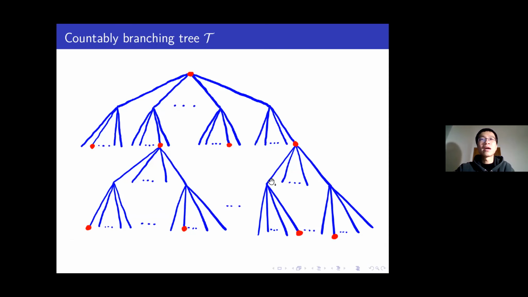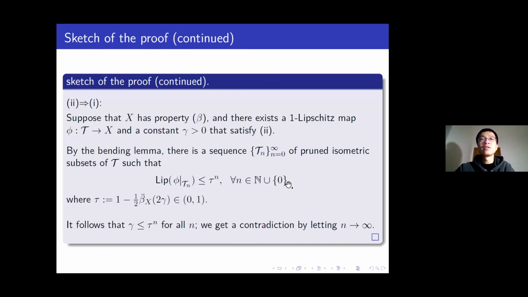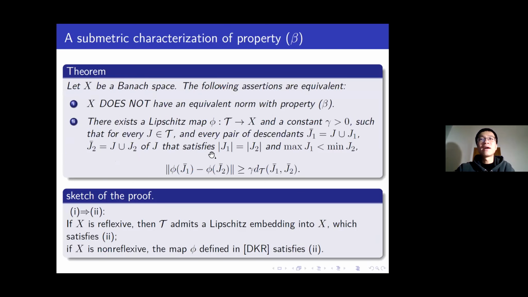And if you look back at our metric characterization, this phi in item 2 is actually a partial Lipschitz embedding, right? So that's why we call it a submetric characterization.